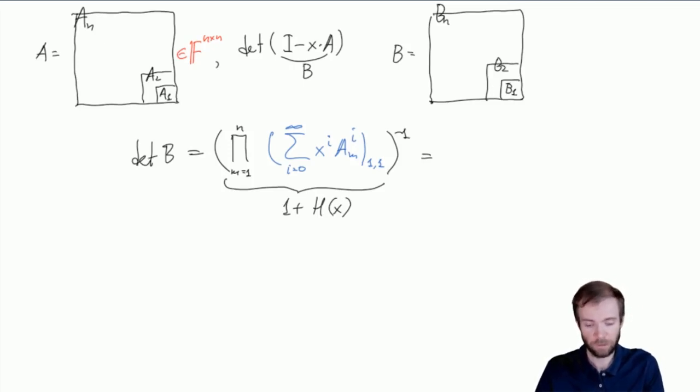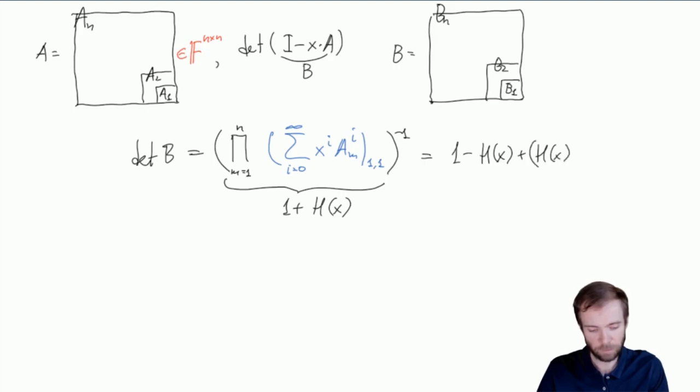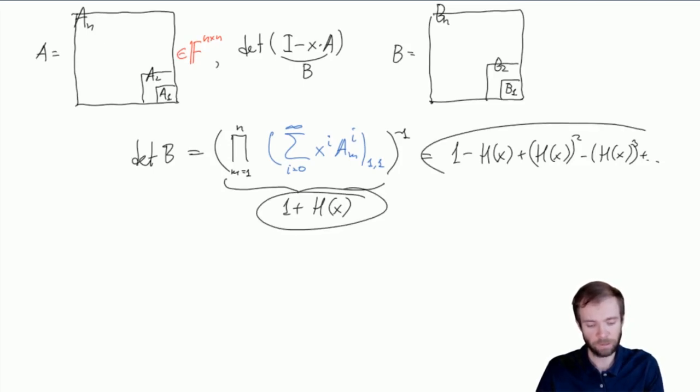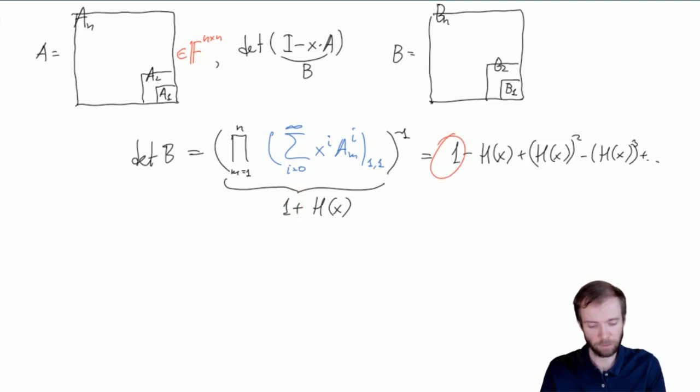And we can check that the inverse for this kind of power series can be computed as 1 minus h of x plus h of x squared minus h of x cubed, and so on. Because when we take products of this guy and this guy, we have 1 times 1, which gives us 1.